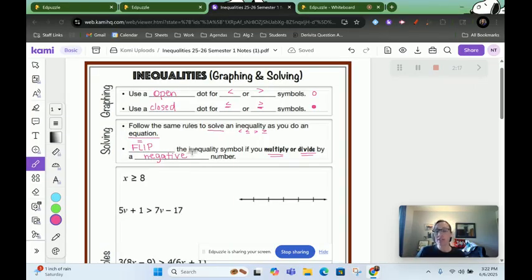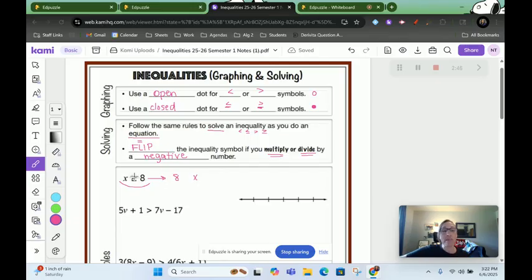Now, I do want to talk about how inequalities look, because we're used to them being written like this, where x is on the left-hand side. But sometimes they're written with x on the right-hand side. What you have to know is that x is greater than or equal to 8 is the exact same thing as if we put the 8 on the left and the x on the right.